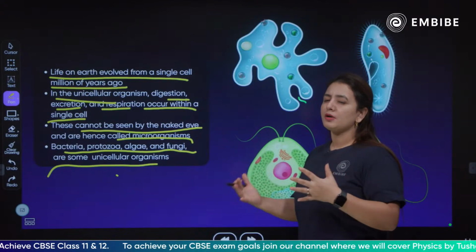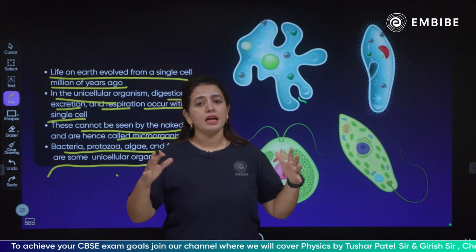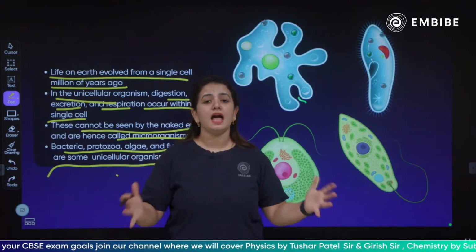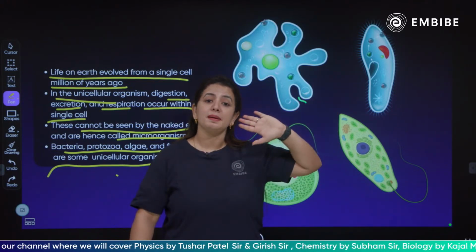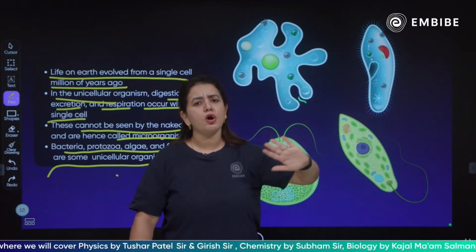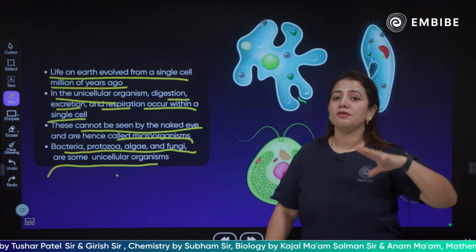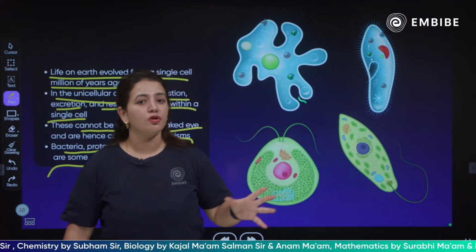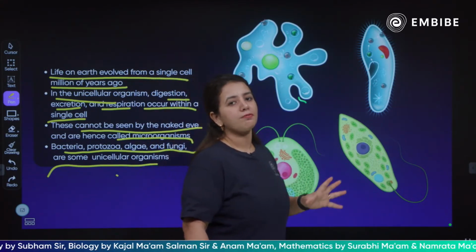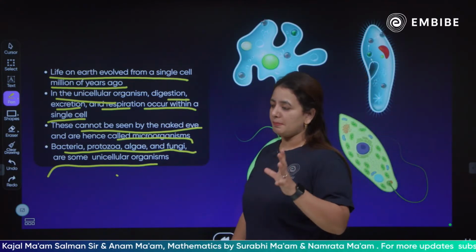So this is just a bit of an introduction to how these unicellular organisms were capable of doing all the things and able to have life millions and millions of years ago. We have also said that these were the first organisms to exist on our planet. Before that it was nothing. These were the first organisms to have life on this planet.